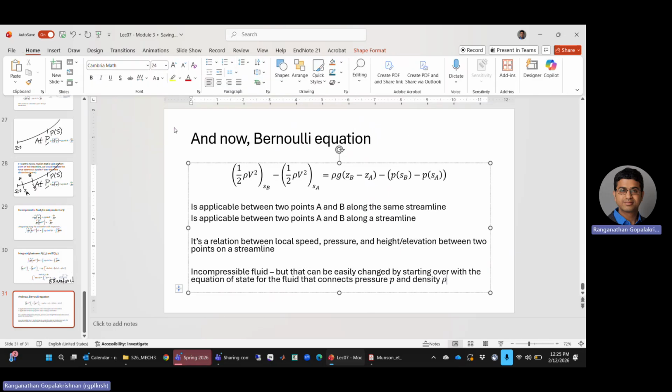What would that equation of state be? Maybe can you give me an example? What is a relation that famously connects pressure and density for a fluid, maybe like a gas?